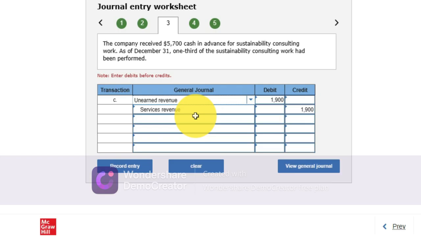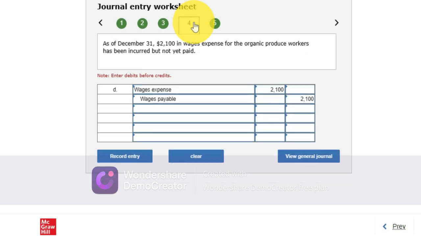So let's move on to our next case. Here we are going to talk about accrued wages. We have incurred but unpaid wages of $2,100.